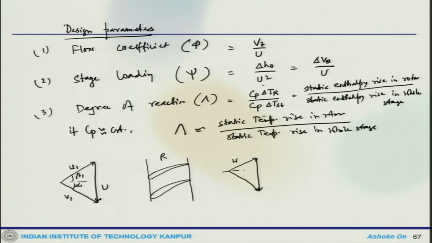This is again W 2, beta 2, u, alpha 2, V 2, then there is a stator, and finally the flow goes out like this. You can think of a blade stage like that, with rotor and stator, and now we can derive the expression for the degree of reaction.